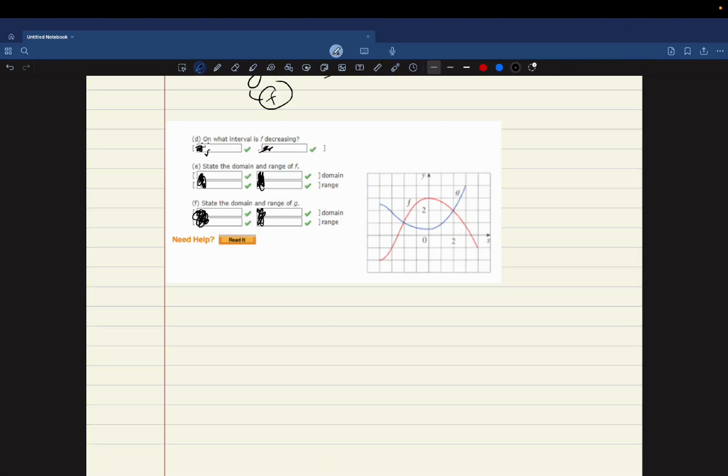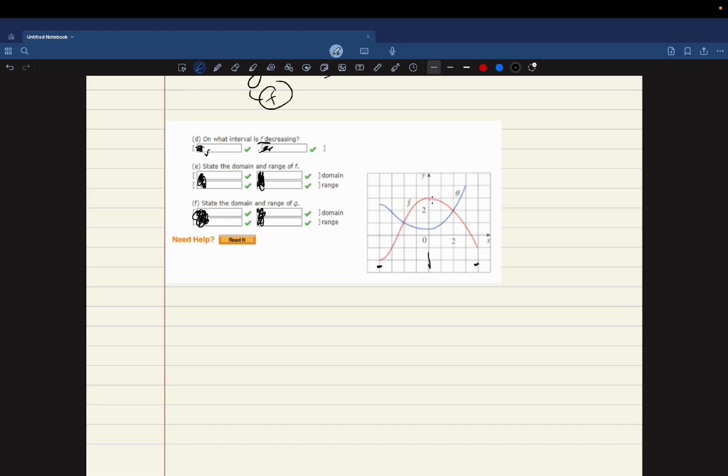Okay, now it is asking on what interval is f decreasing. So f means this red color graph, so don't look at the blue color graph. We need to find the interval when it is decreasing. Let's start from here. From this point to here, in the middle, it is increasing, right?